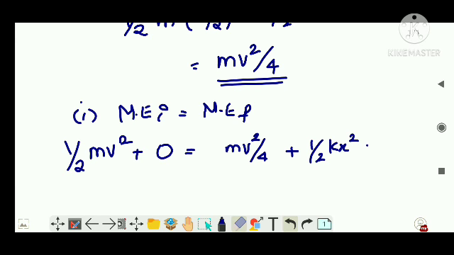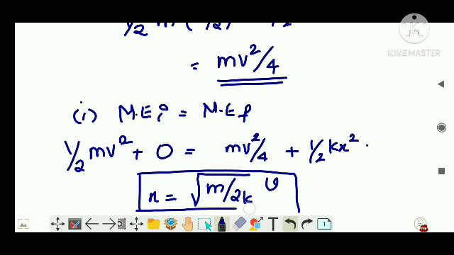Plus the spring is also storing energy, that is the potential energy, half kx squared, right? So from here you can find x equal to root of m by 2k, times the velocity V. This is the value of the maximum compression that can happen. Clear? Here x is the compression. Don't mix it up with the velocity which you assumed as x in the previous case.